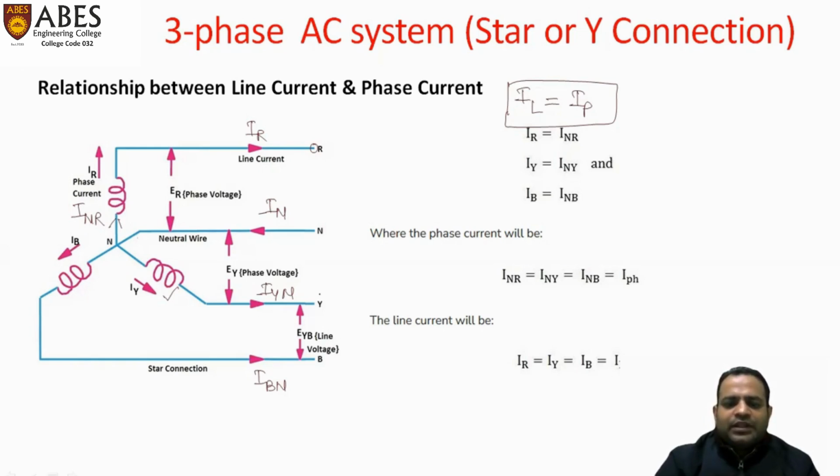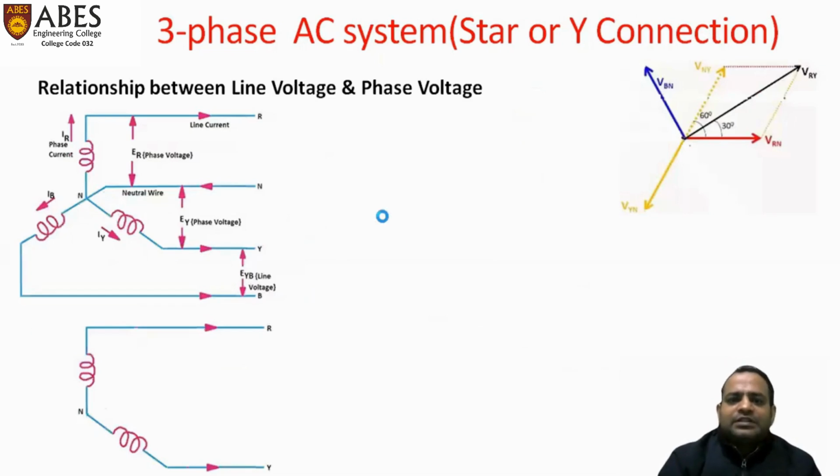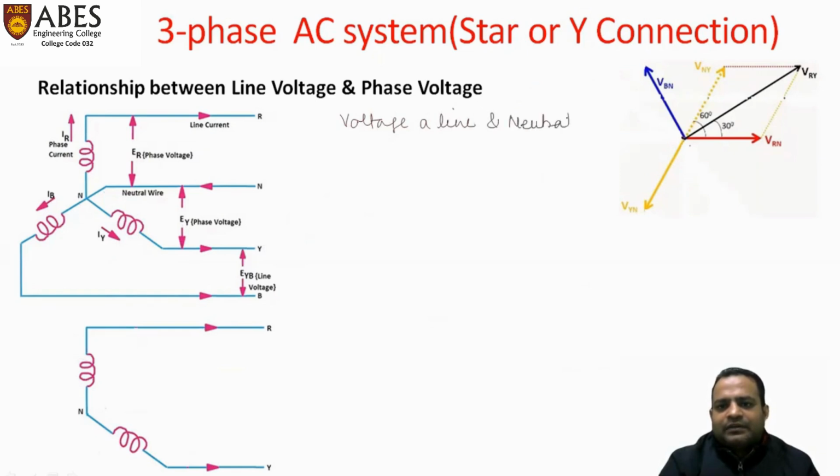Now we can talk about line and phase voltages. The voltage across a line and neutral is called phase voltage, and the voltage between two lines is called line voltage.